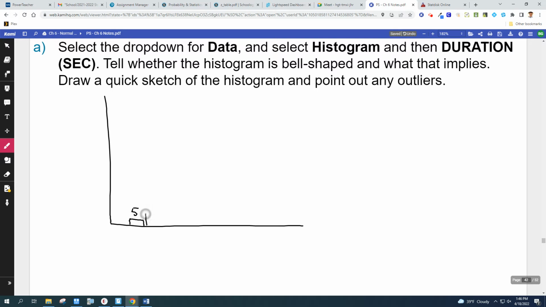I would label the numbers here just so you can get an idea. Try to make it to scale as best you can. 46 should be lower than the 54. 2 should be lower than the 5.